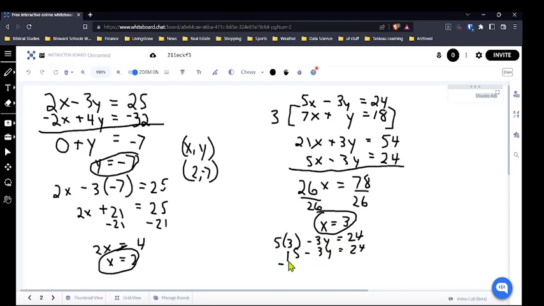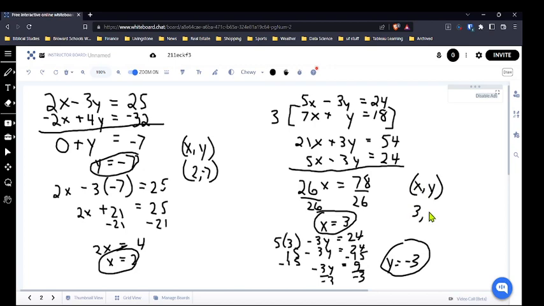Subtract 15 from each side, and that gives me minus 3y equals 9. And if I divide by minus 3 on each side, I'm going to end up with y equals minus 3. So I've got an xy coordinate pair as my solution of 3 comma minus 3.